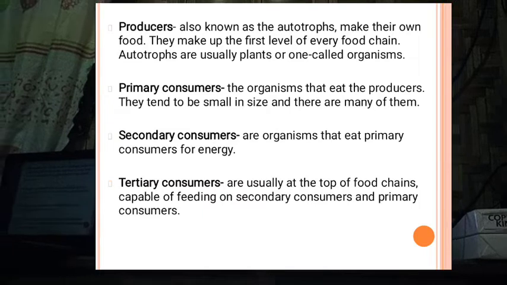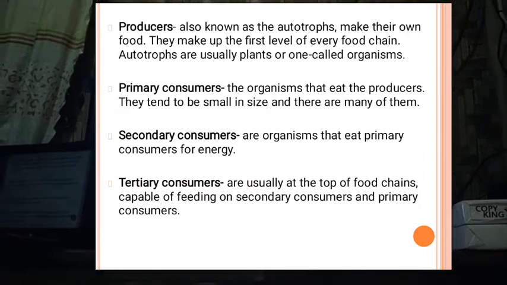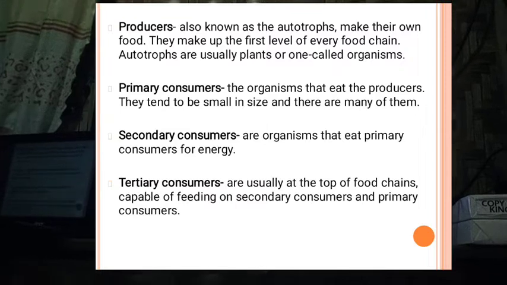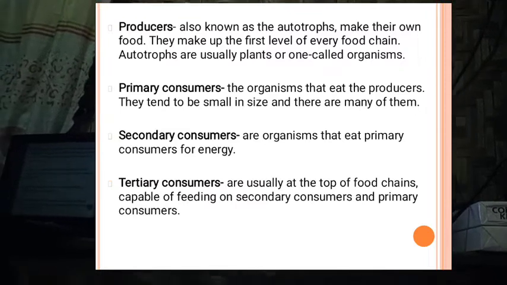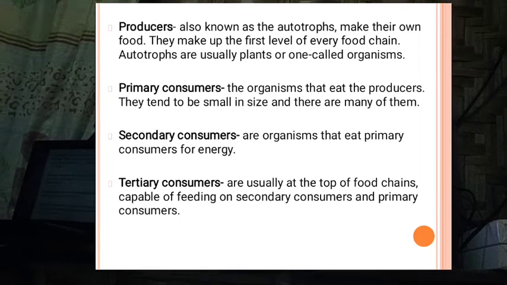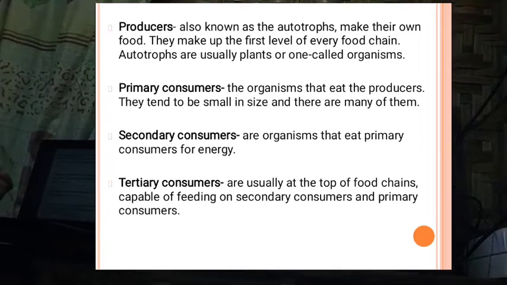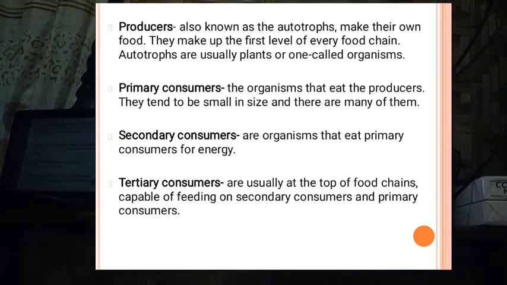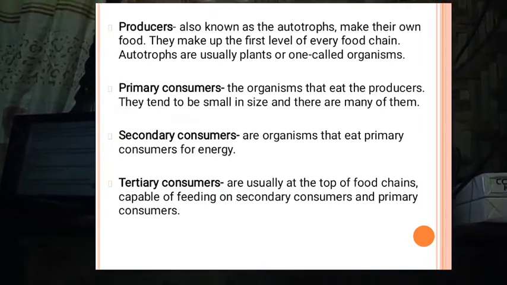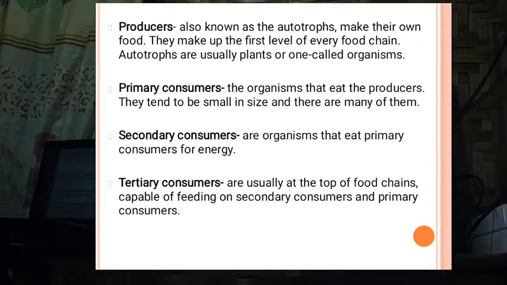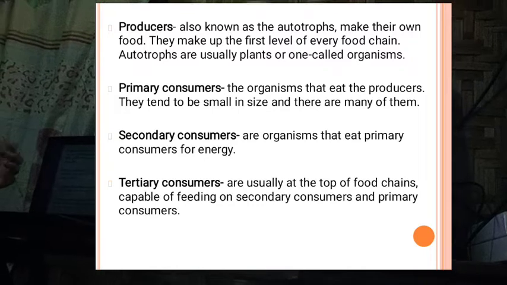So next is the primary consumers. These are the organisms that eat the producers; they tend to be small in size and there are many of them. So primary consumers are known as herbivores or the vegetarians. Those are the animals who eat only vegetables or the autotrophs.